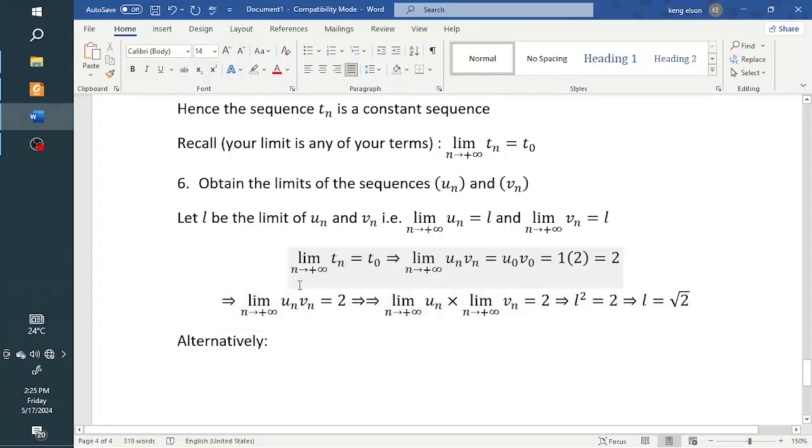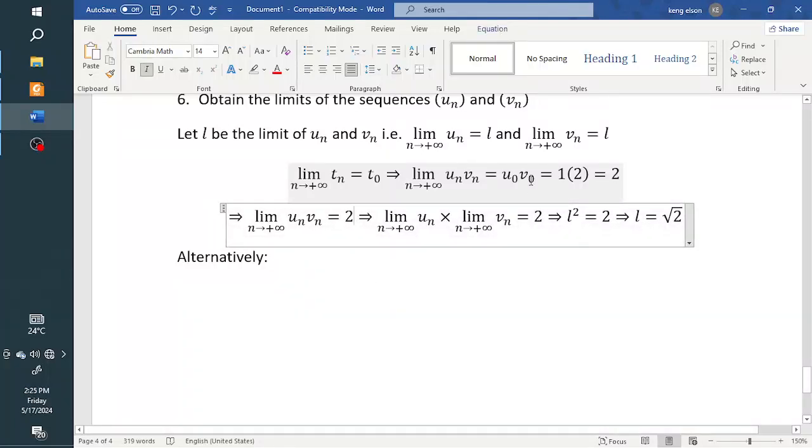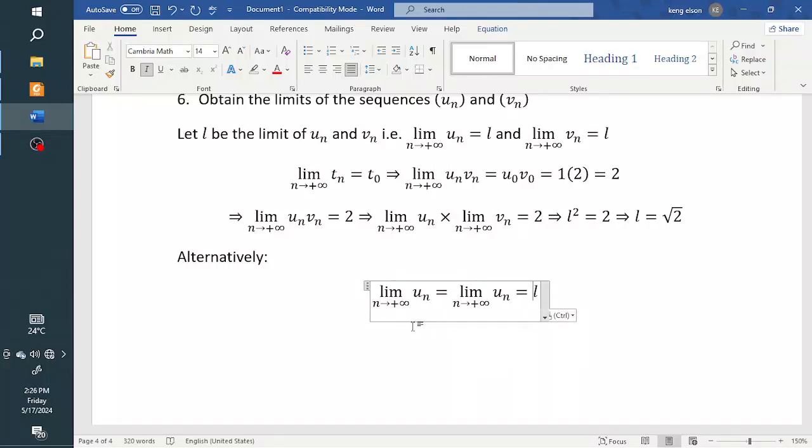These two sequences converge, because they are bounded and monotonic. Now, the limit of un is L. It is also equal to the limit of un plus 1.